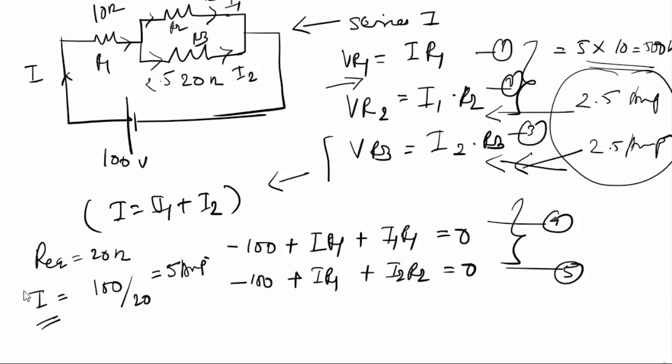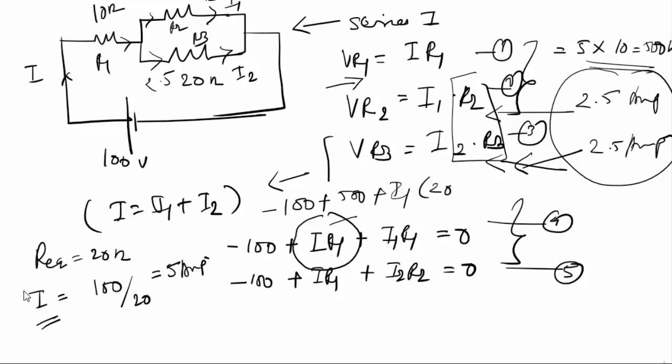But again, in the case where the resistance of both the branches would not have been equal, you have got VR1, so you can substitute it here. So it will become minus 100 plus 500 volt plus I1 into R, which is your R1, so it is 20, equal to 0.